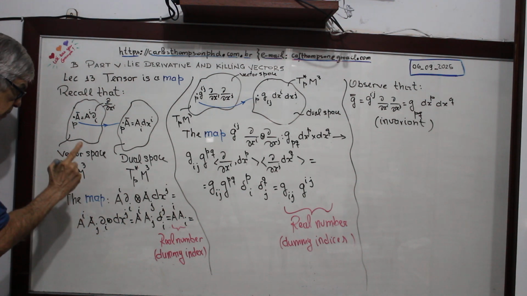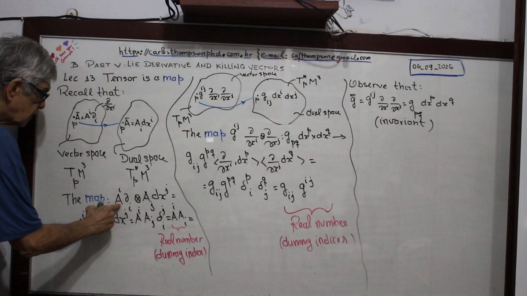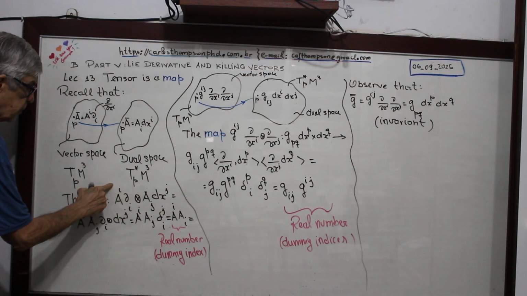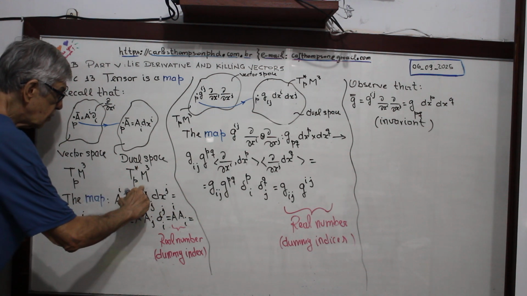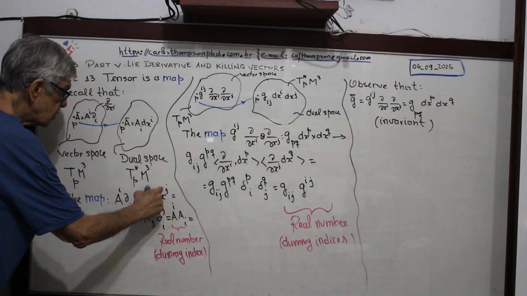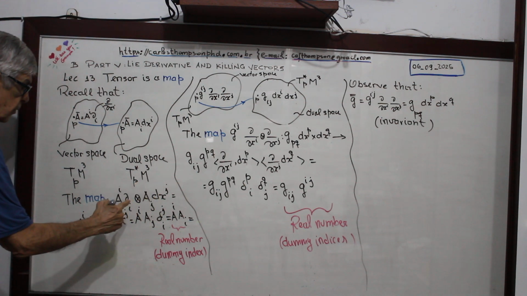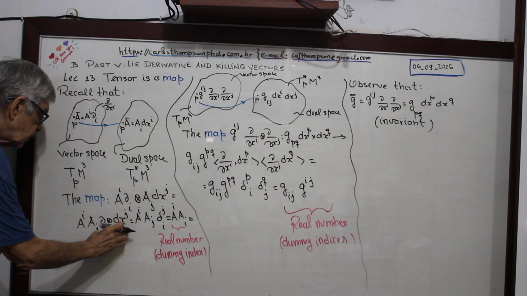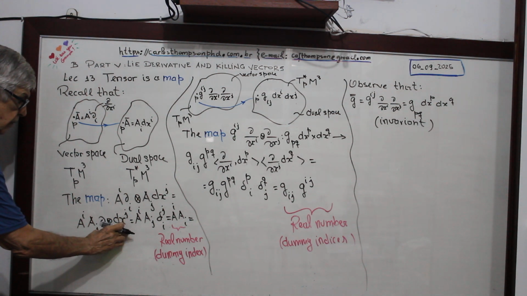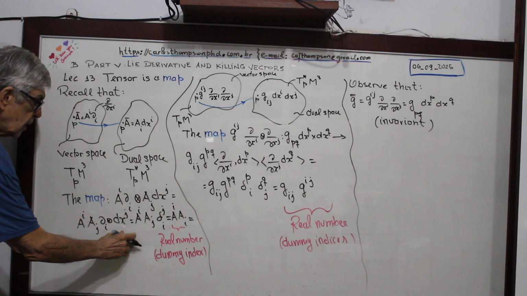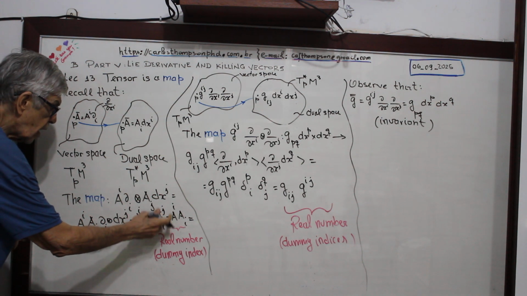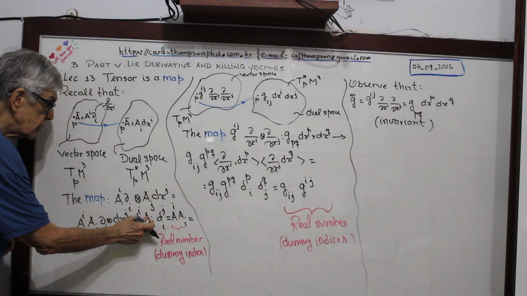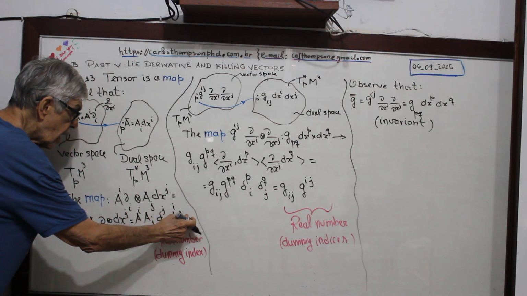Now the map: this is the components on the vector space acting on the components of the cotangent space. This leads to the Kronecker delta. So Kronecker delta ij, you drop j and set i over here, is A_i.